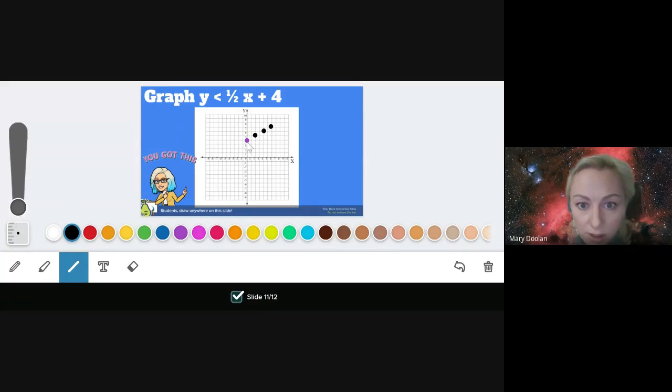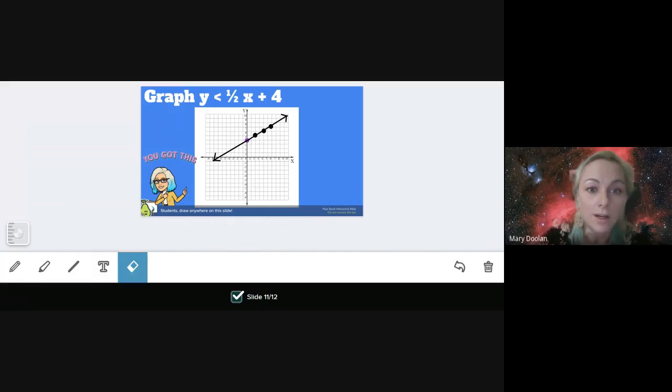I'm going to use a thinner line. And you always want to put those arrows at the end of your line. Doesn't matter if it's dashed or solid, we're going to have arrows. And in this case, because we have the less than symbol, this is going to be one of those dashed lines.